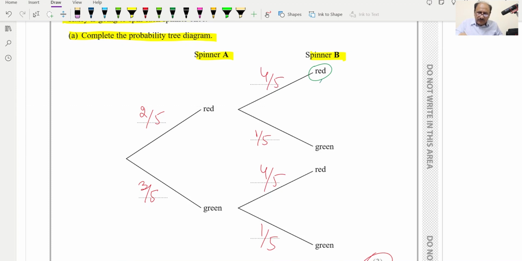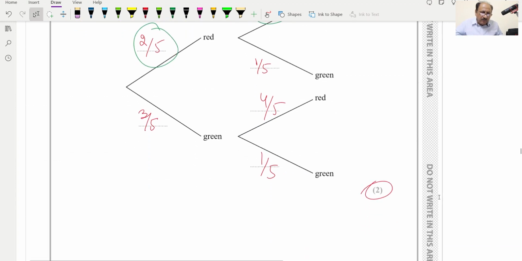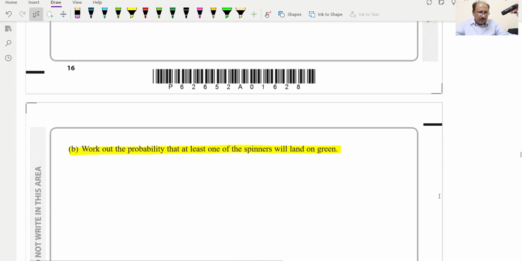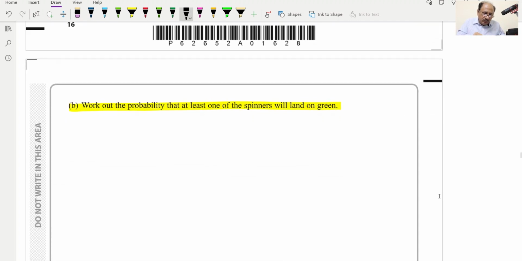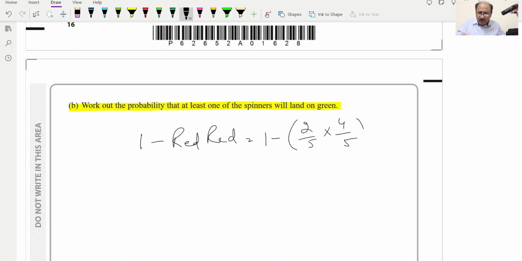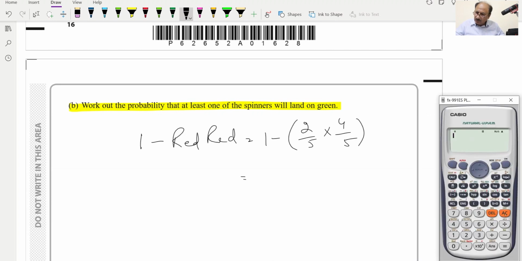So we will be taking one minus this multiplied by this, so it will be 1 minus red into red, which is equal to 1 minus 2 by 5 into 4 by 5, and we can use the calculator for that.